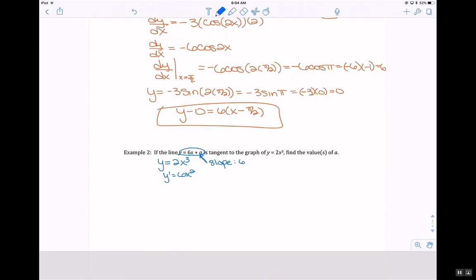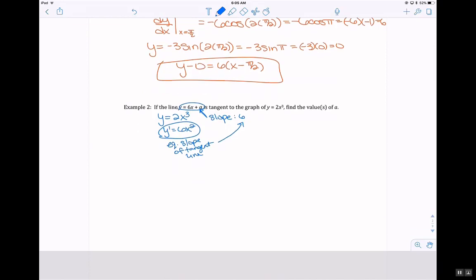So that means that my derivative, because that's the equation that represents the slope of the tangent line, has to be equal to 6. So I set these equal to each other.